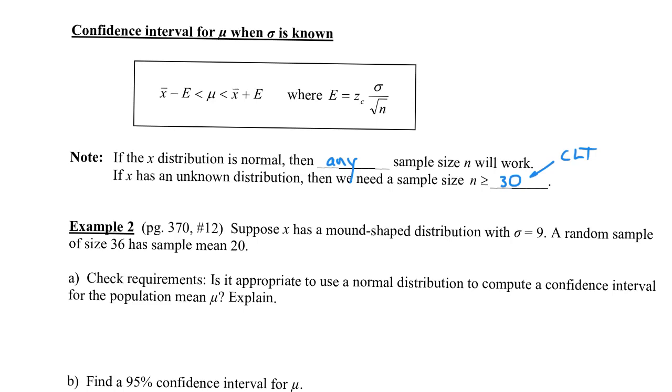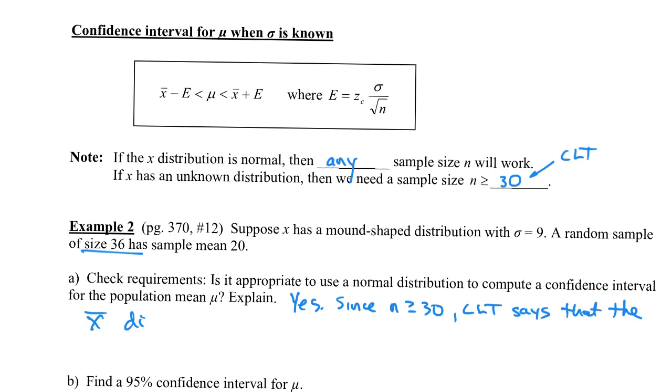So check the requirement. It says, is it appropriate to use a normal distribution? And yes, it is. We can say yes, since n is greater than or equal to 30, right? Because n is 36. The central limit theorem says that the X bar distribution will be approximately normal.